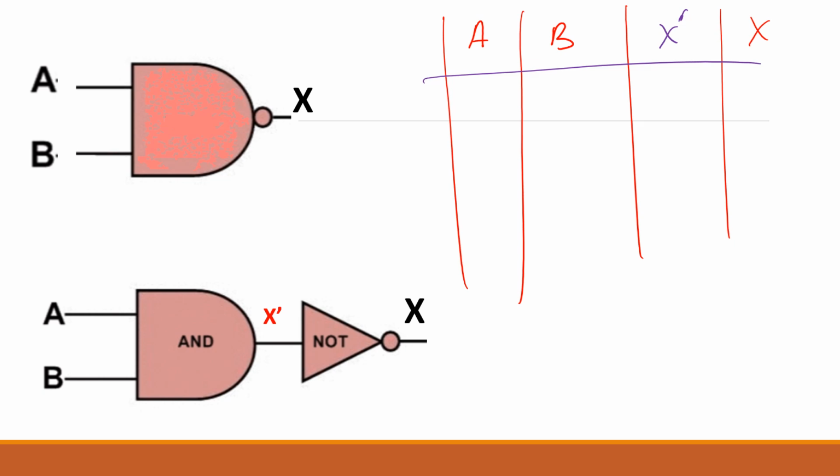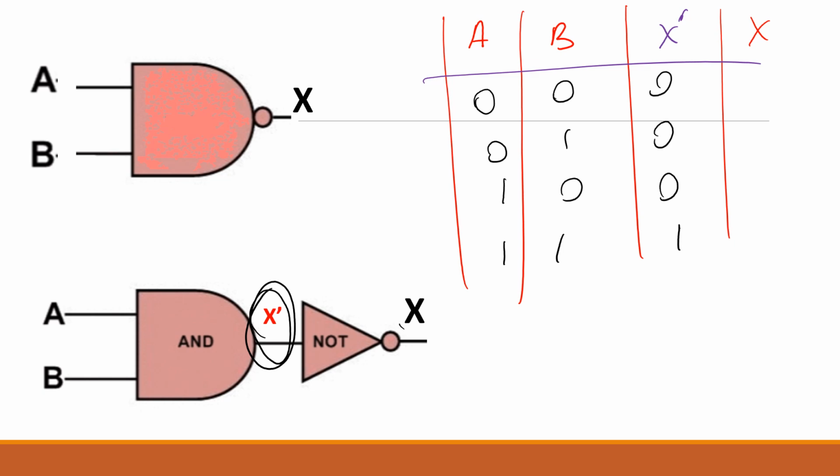So your inputs can be 0, 0, 0, 1, 1, 0, 1, 1. So your output coming to this point here will be 0, 0, 0, 1. Now your output X will be the opposite. Am I right? Makes sense?